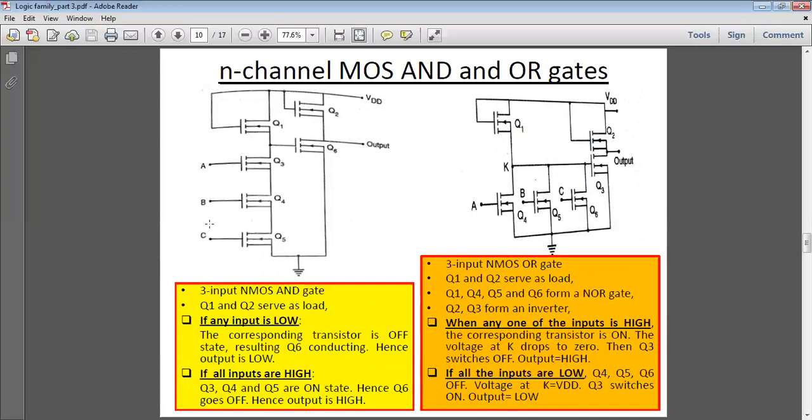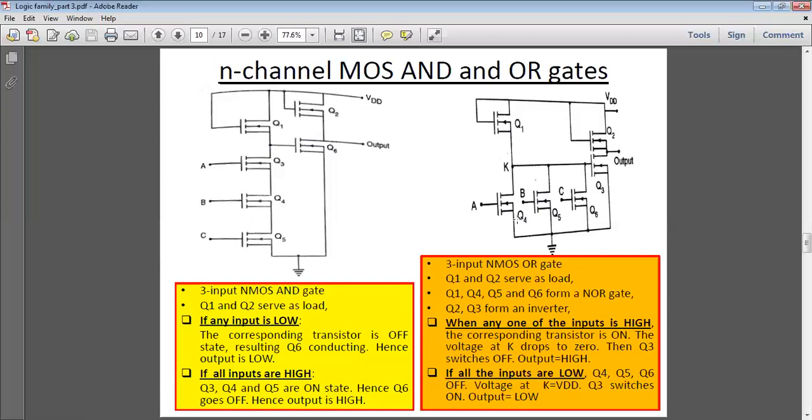If ABC are all high, that means Q3, Q4, Q6 are in the on state. That means Q6 is now off, no potential because the potential at that point is 0. So here we get a high output. When ABC are high, we get high output. When any or all are low, then we get low output.